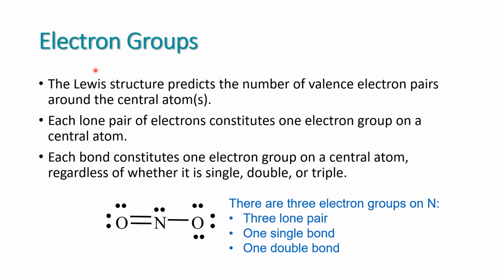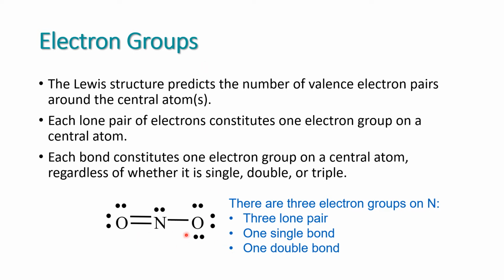So we talked about the bonding groups again and lone pairs. But in the rest of this chapter, sorry, this is a very long chapter, we are going to categorize electron groups as any of the different types of groups we just talked about. So lone pairs or bonding pairs will be considered an electron group.